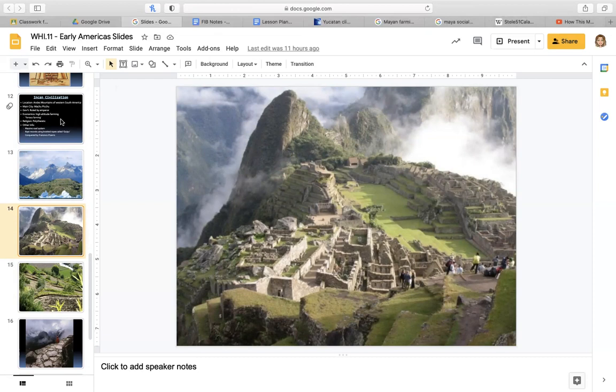But the roads allowed armies and news to move rapidly throughout the empire. They would have relays of runners who could carry news of a revolt swiftly from a distant province to the capital. And then they also had hundreds of bridges that spanned rivers and gorges. And like we see here, steps were cut into steep slopes and tunnels were actually dug.